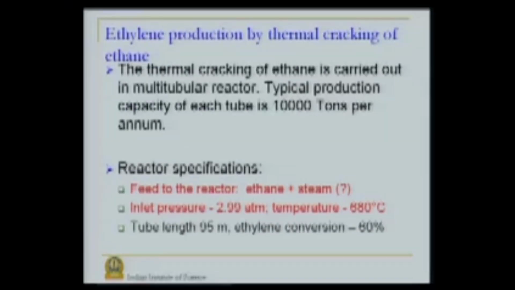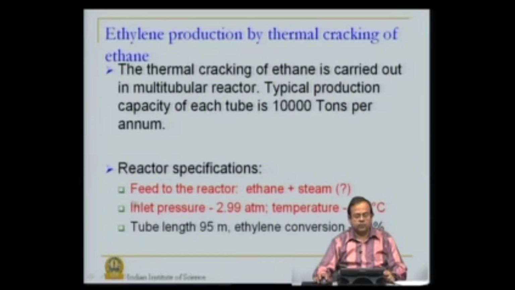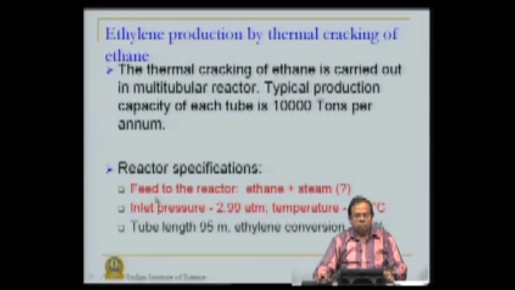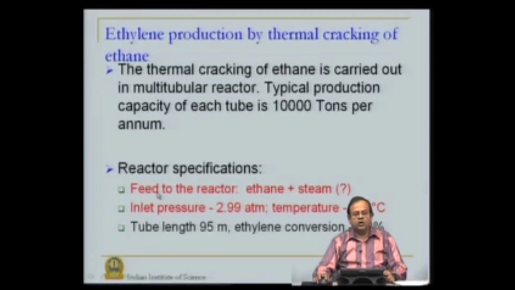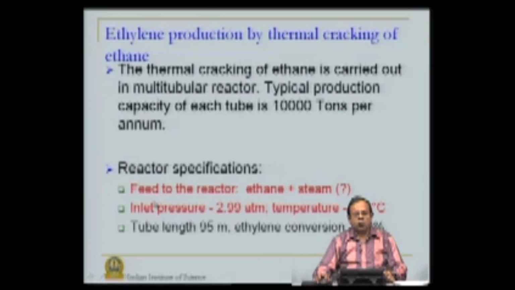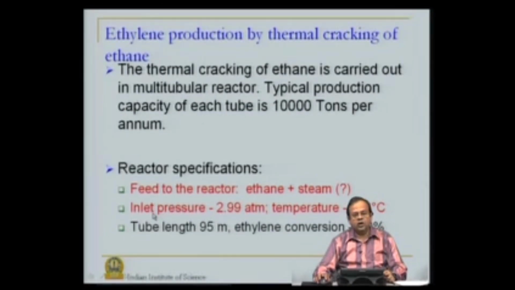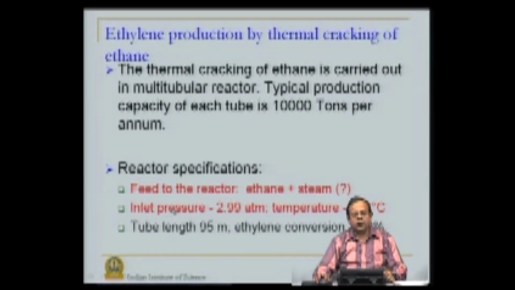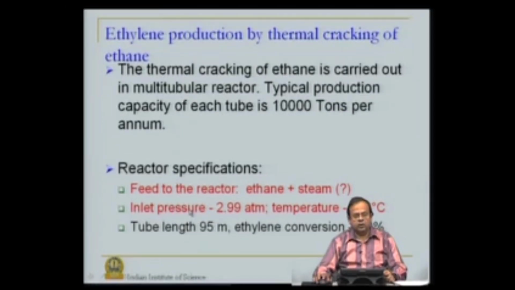On one end of it we feed in ethane and we get unreacted ethane, ethylene, hydrogen and so on outside the reactor. Now, two things we had noted last time, that in this reactor we feed ethane and steam, and also the inlet pressure is specified at 3 atmospheres, a fairly low pressure process, and a temperature of about 700 degrees centigrade.